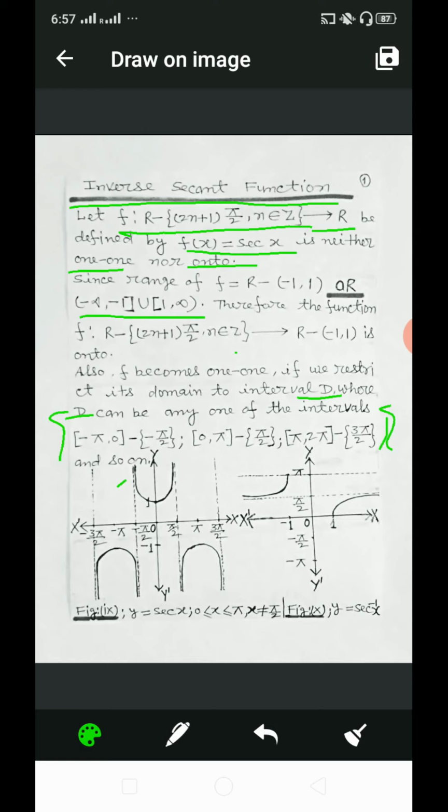Here figure 9 shows the graph of the secant function, that is y = sec x where 0 ≤ x ≤ π and x not equal to π/2. Figure 10 shows the graph of the inverse of the secant function, that is y = sec inverse x.